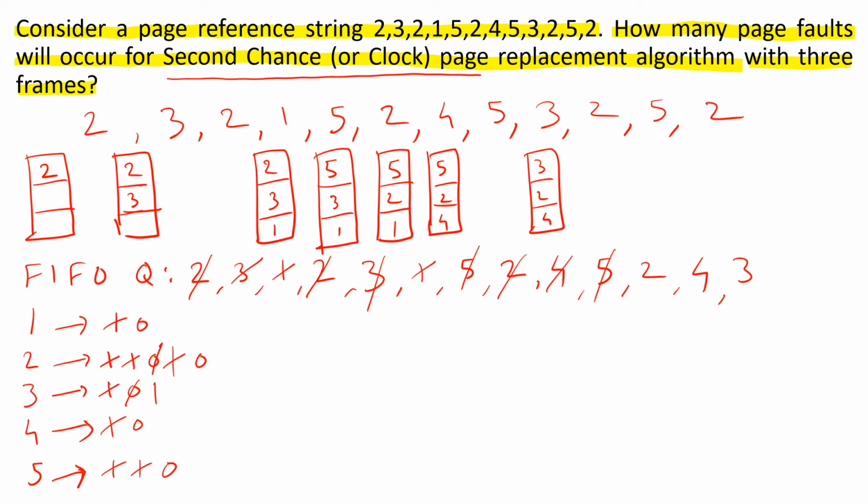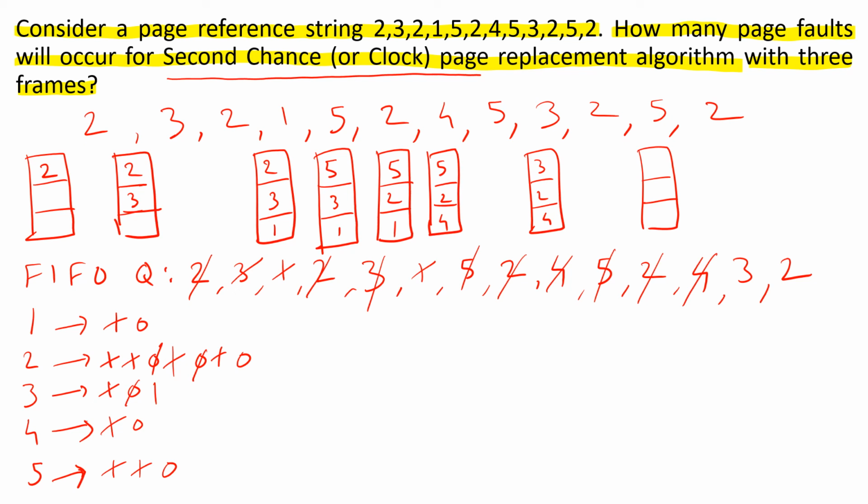Now we need page 2. Page 2 is already there, so we use it, and the reference bit is 1. Then we need 5. We look at the queue and remove 2, but 2's reference bit is 1, so page 2 gets a second chance. The page is inserted back onto the queue and the reference bit is cleared to 0.